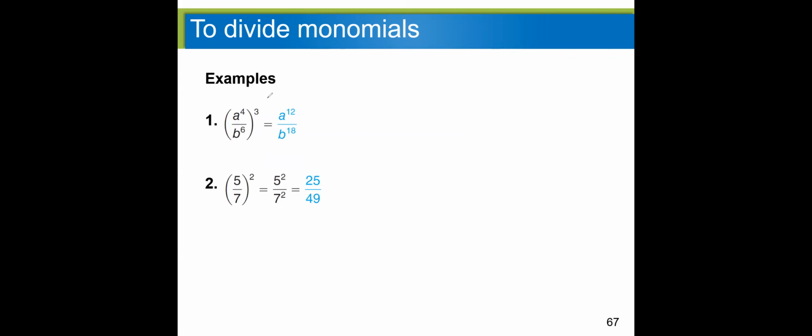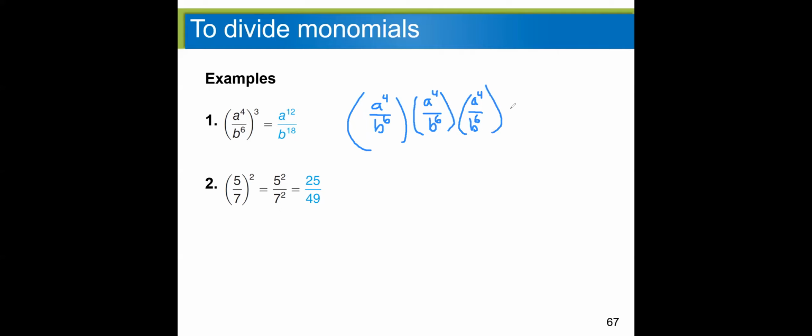Right? This top example here, a to the 4th divided by b to the 6th, all to the 3rd power. Expanding that out gives you, using the definition of an exponent, oh my gosh, I need to erase that. It's horrible looking. Expanding that out means 3 different copies of a to the 4th divided by b to the 6th, all multiplied to each other, right?